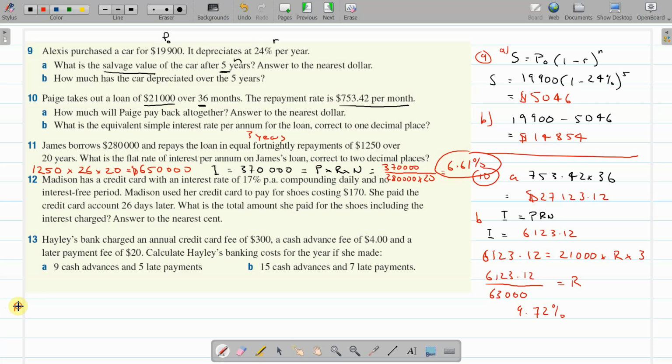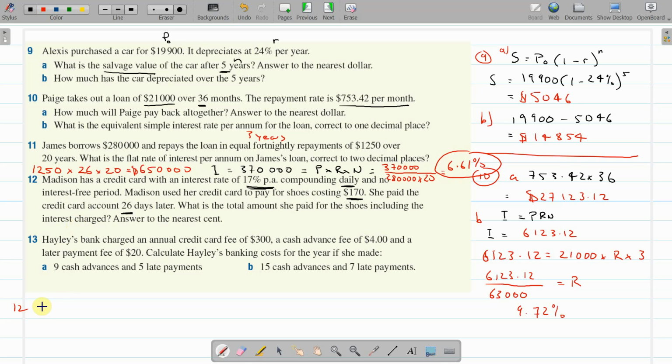Okay. Question 12. Credit card with an interest rate of 17% per annum, compounding daily. So we're going to do a bit of adjusting. Use the credit card to pay for shoes, cost $170, and paid 26 days later. So the interest is happening for 26 days. All right, so what's the total amount you pay for the shoes including interest?